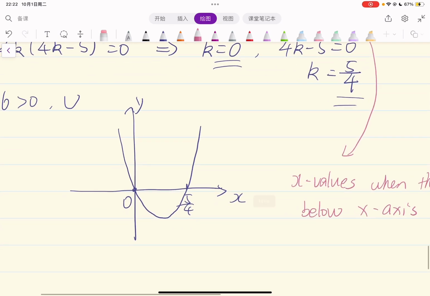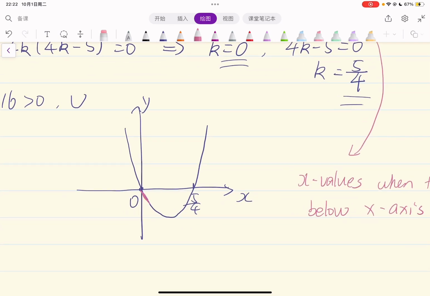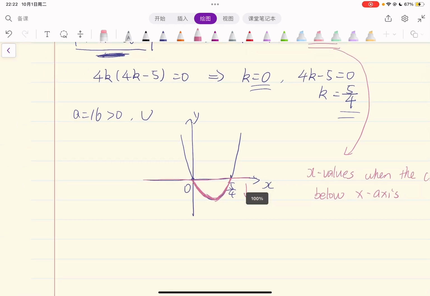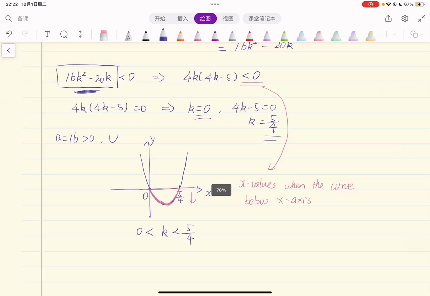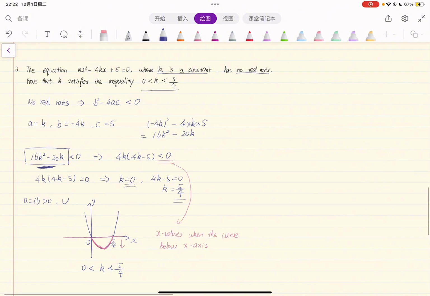So where is it? It's this part, right? Below the x-axis. That is this part, which means k is less than 5/4 and greater than 0. So we have proved that.